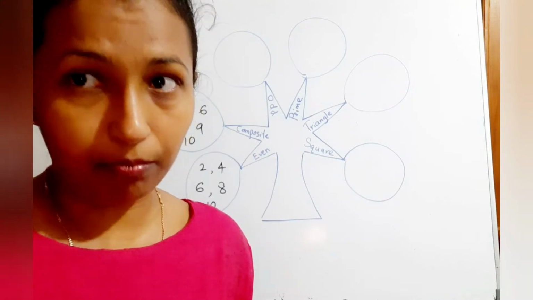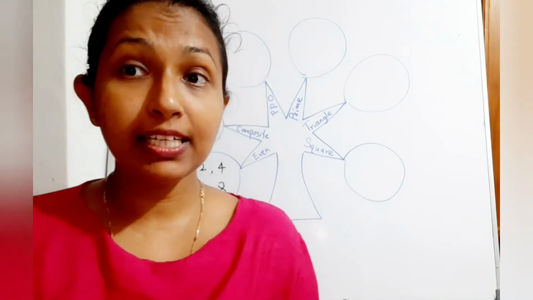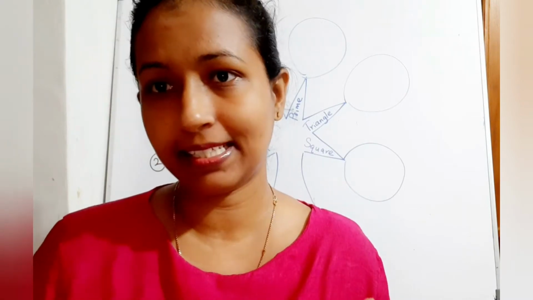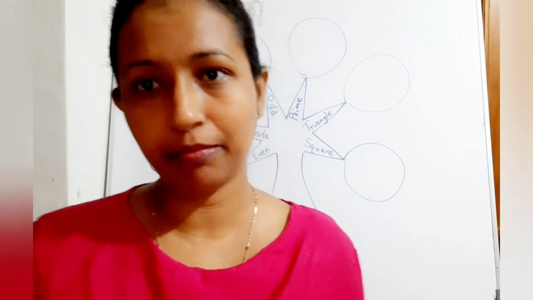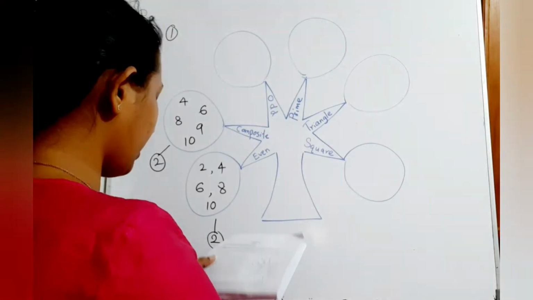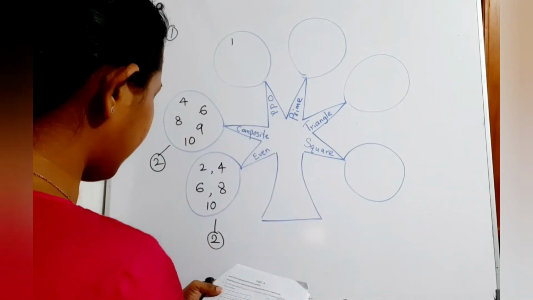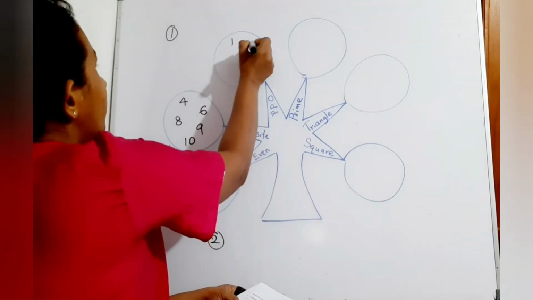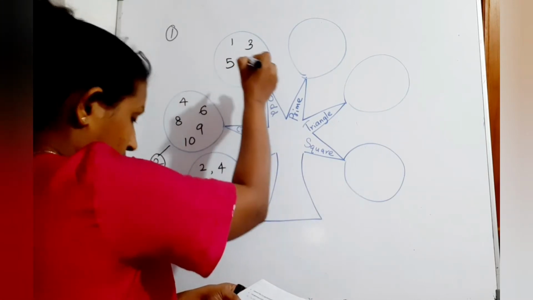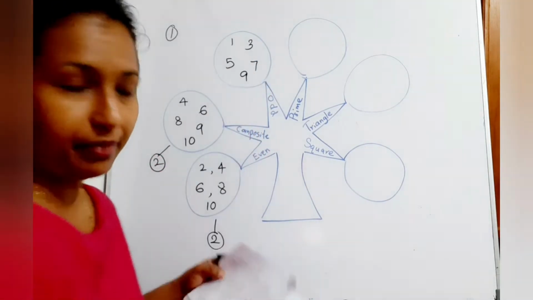What do you mean by odd numbers? Odd numbers means when a number is divided by 2 with the remainder 1, then they are called odd numbers. 1 is remaining after dividing by 2. What are those odd numbers here? I will write in order, but you need not write in order. 1, 3, 5, 7, 9 can be written.